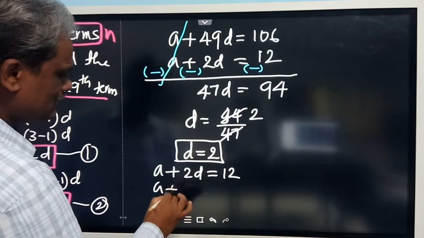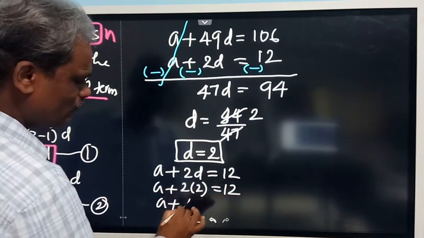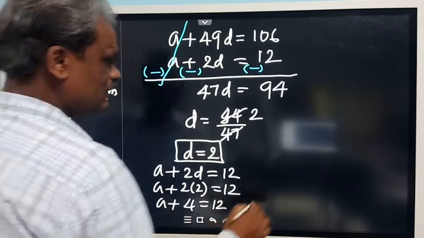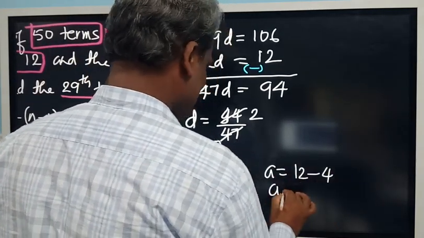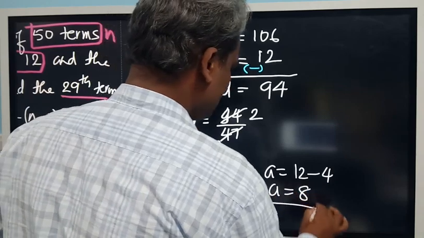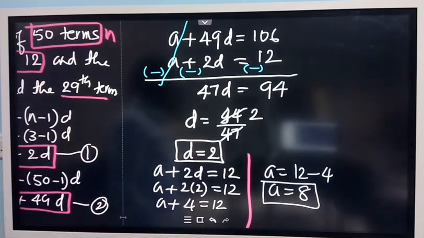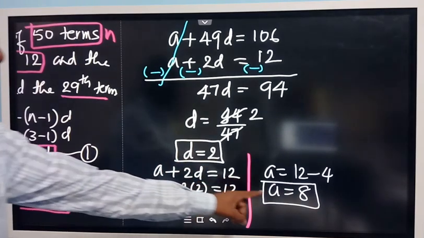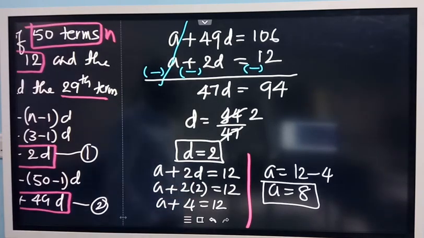So A plus 2 into 2 is equal to 12, A plus 4 is equal to 12, that means A is equal to 12 minus 4, A is equal to 8. We got the first term and the common difference: first term A is equal to 8, common difference D is equal to 2.